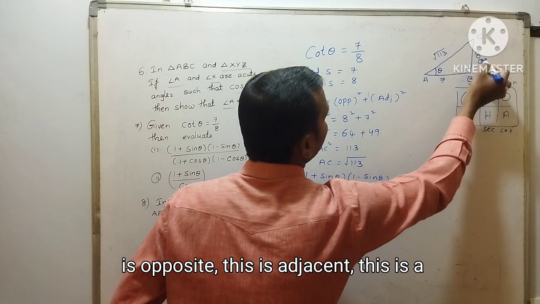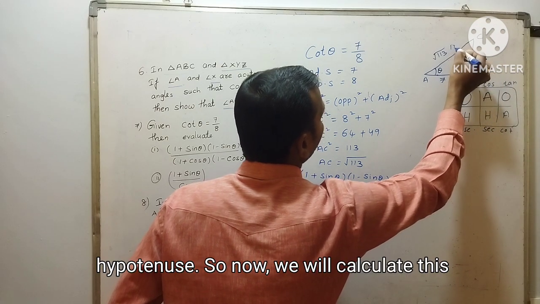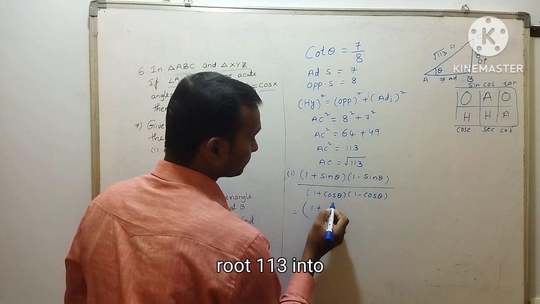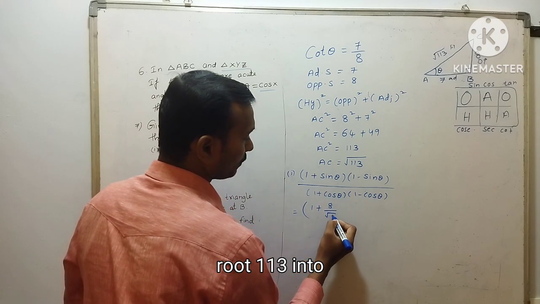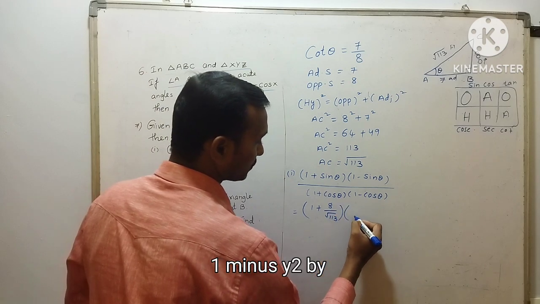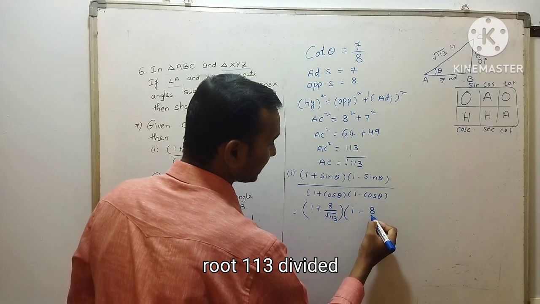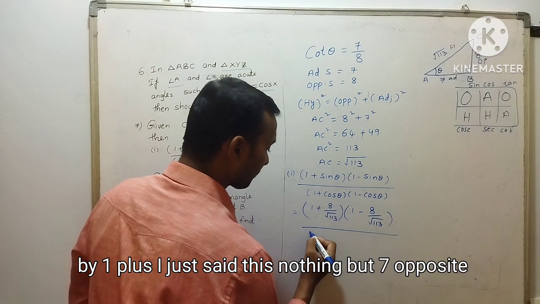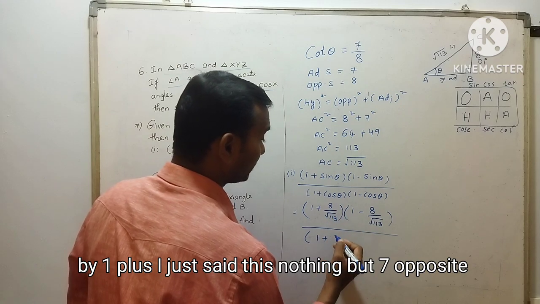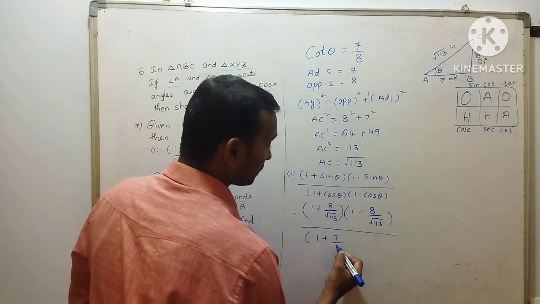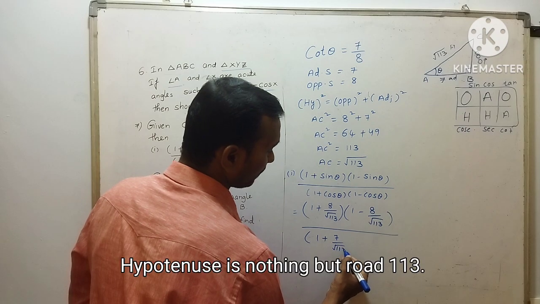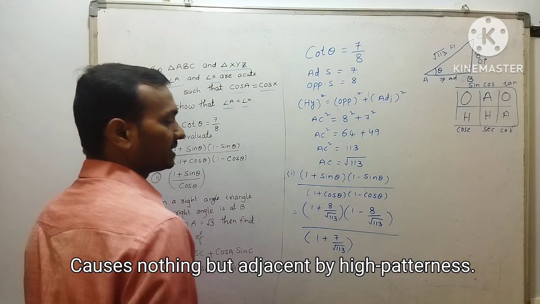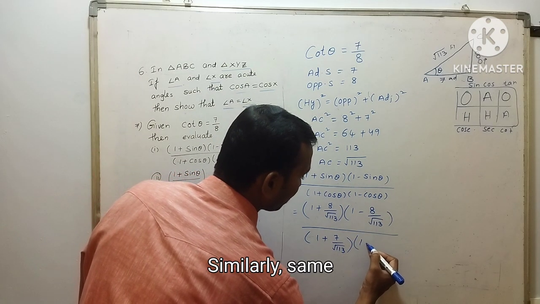This is the opposite, this is the adjacent, this is the hypotenuse. So now (1 plus 8 by root 113) into (1 minus 8 by root 113) divided by (1 plus adjacent, which is 7, by hypotenuse, which is root 113). Cos is nothing but adjacent by hypotenuse. Similarly, the same we are getting.